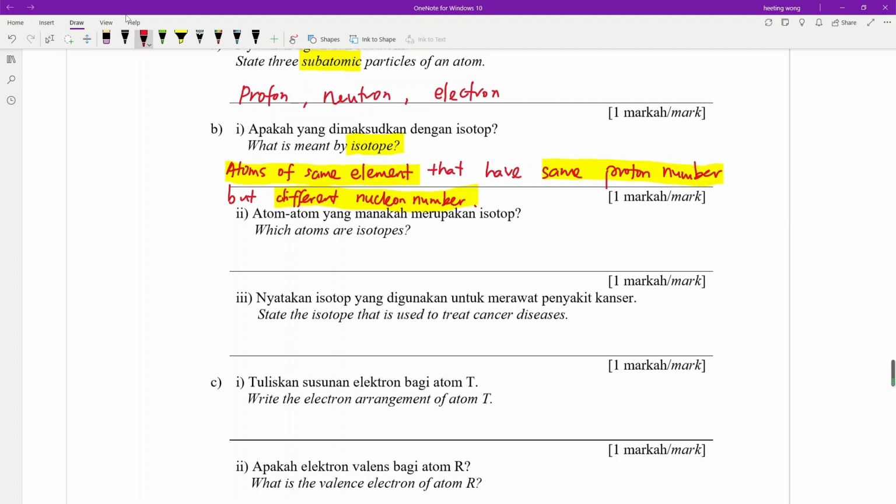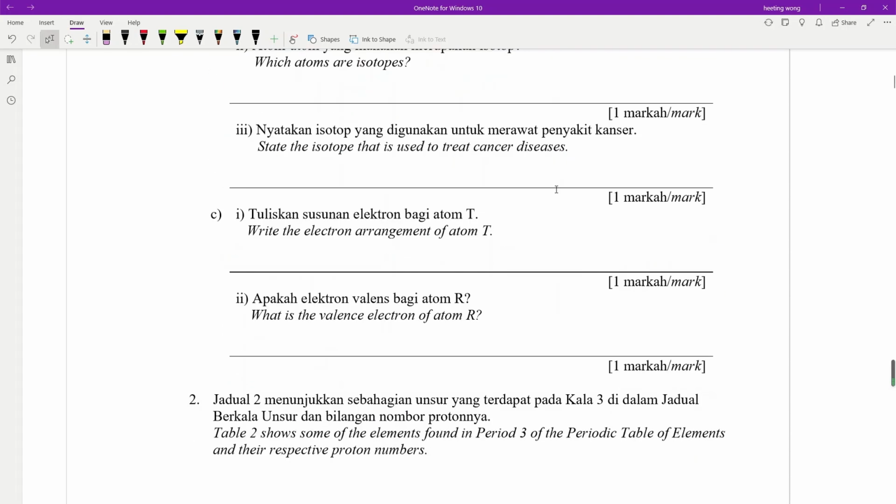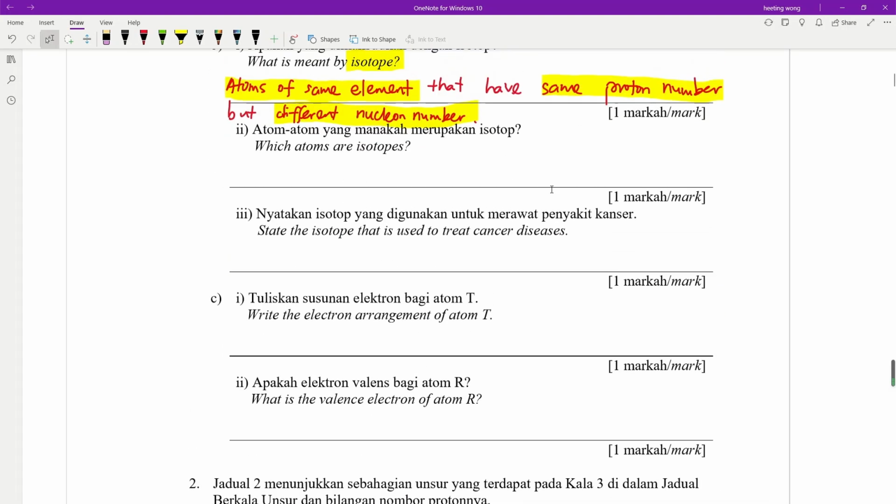Now which atoms are isotopes? We can see they have the same protons, here 11 protons same, right? But different neutrons, here 12, here 13, so the atoms should be R and S. Now state the isotope that is used to treat cancer diseases.